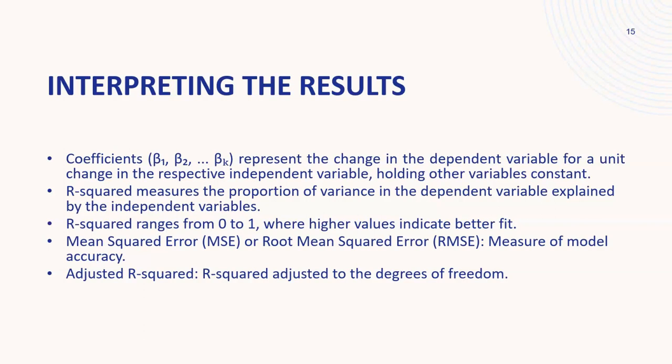Adjusted R square is R square adjusted to the degrees of freedom. The higher your adjusted R square, the better your model, and we will always see that the adjusted R square value is less than the R square value, because R square considers all the independent variables, whereas adjusted R square considers only the significant independent variables which create an individual impact on the dependent variable.